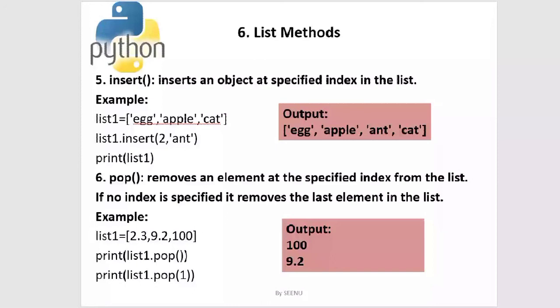I want to insert a value, and the speciality of the insert method is that it will ask you where to put that, in which index you want to add it. I give the index value first, then the value, so it will be added at the specified index.